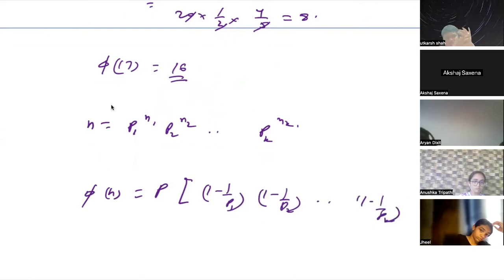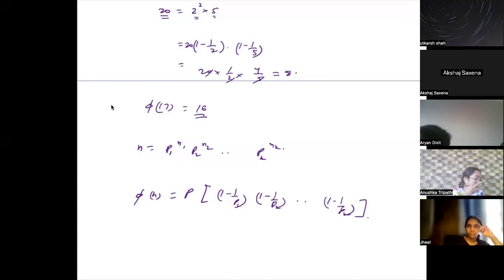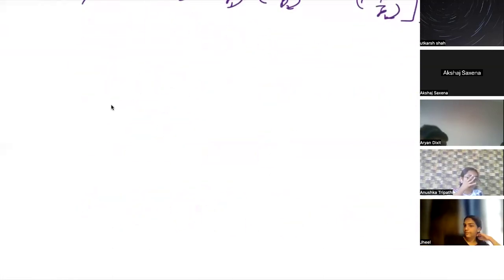Okay. And a few formulas are given by Euler, so you all understand exactly how to find the numbers. So he has given a few theorems on that.